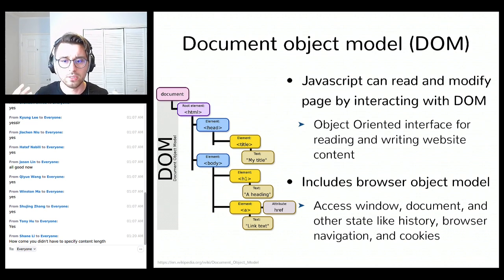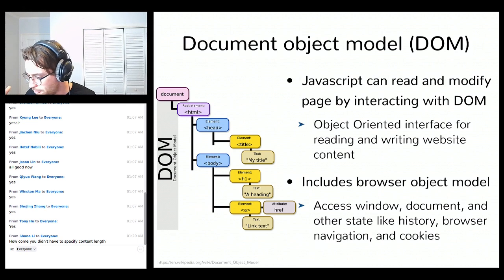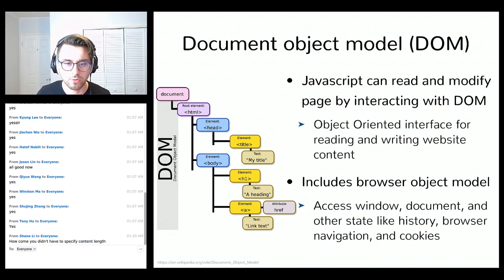This includes the BOM, or the browser object model, which is not the thing that you actually see. So, for example, the history is something that you don't have full access to, or cookies. These things aren't directly things that we think about as part of the DOM. They're more like browser state, but they're pretty important because we need to navigate, we need to access cookies.